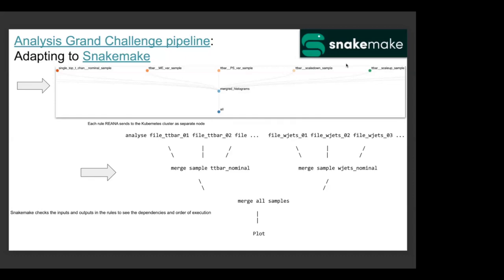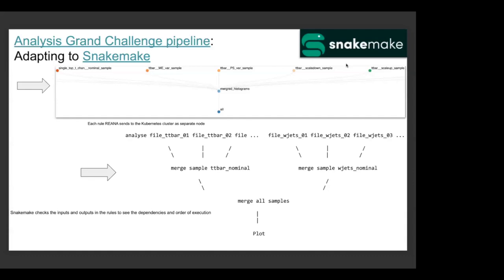So we thought about not processing the whole 700 plus files at once, but rather processing one file each, in parallel: processing 700 files in parallel and then making merging steps.